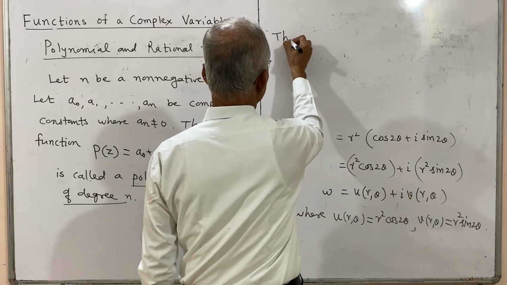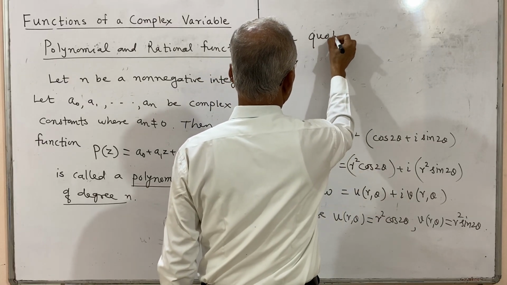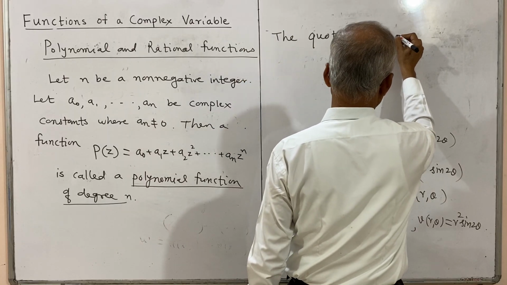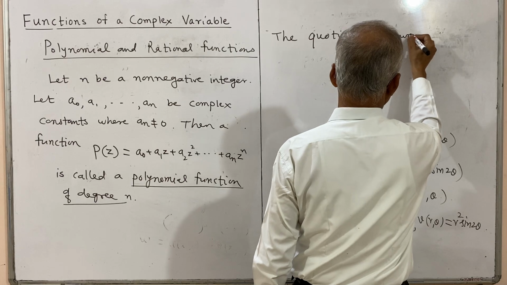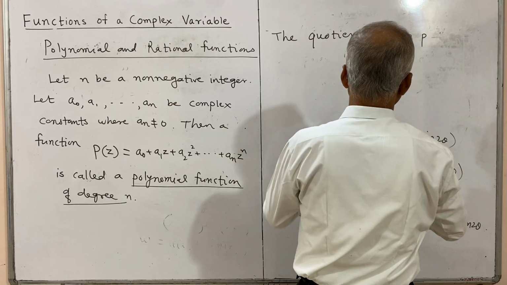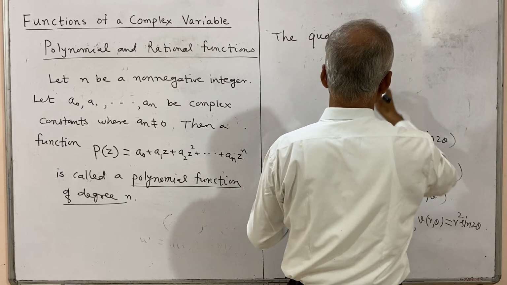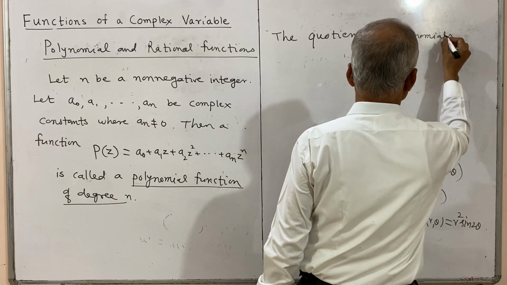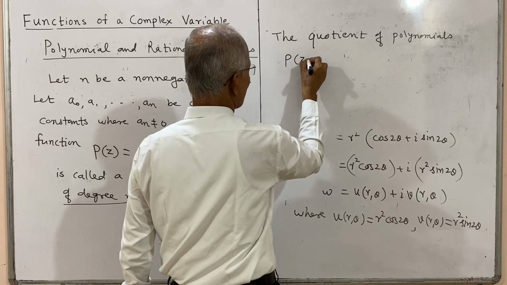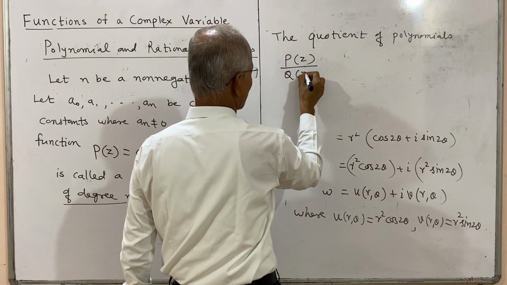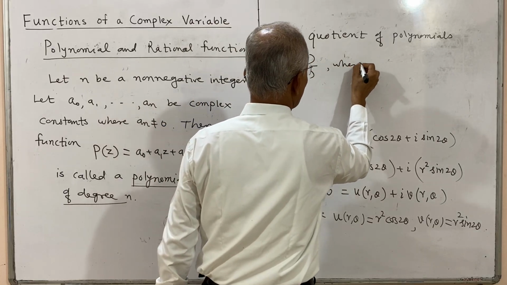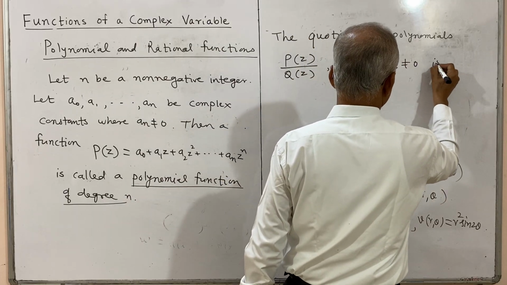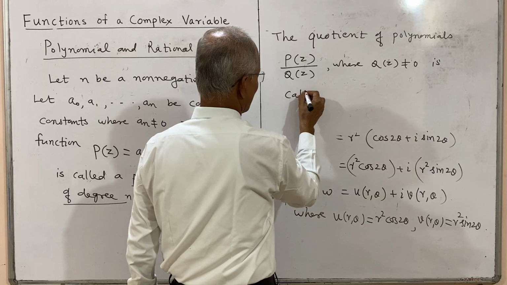The quotient of polynomials, p of z divided by q of z, where q of z is not equal to 0, is called a rational function.